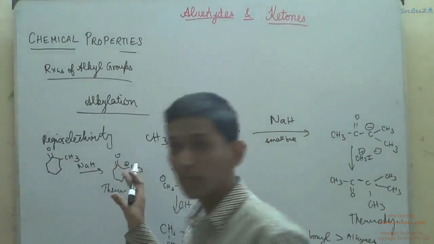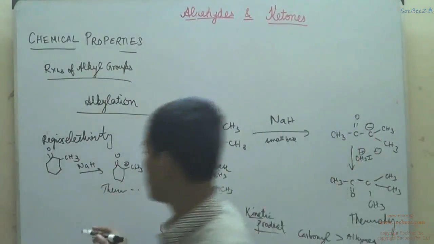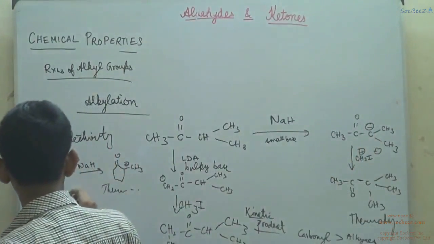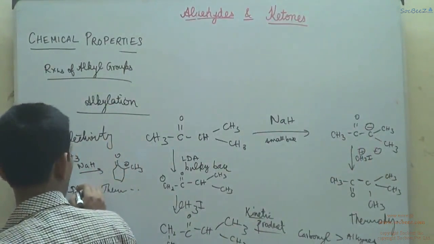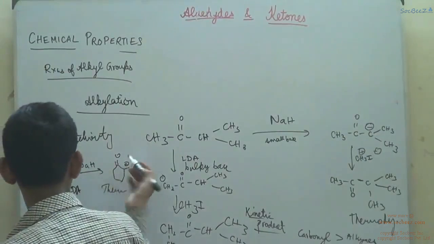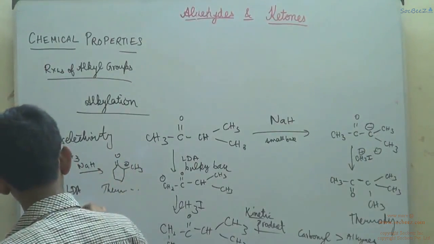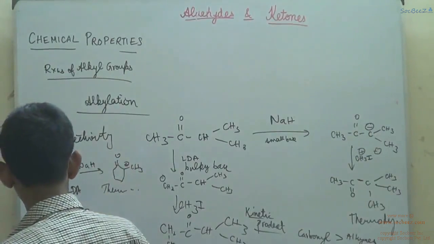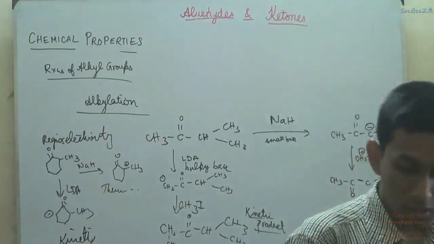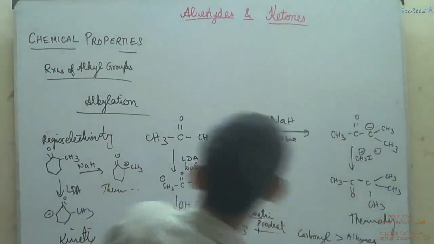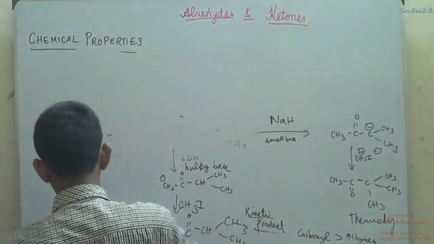But this is not a very stable carbanion, but the product formed is much more stable. So the fastest one that is formed is kinetic, whereas if you use LDA, it can't come here, there is resistance and all. So here it goes. So this is the kinetic product. It forms fastest from the most stable carbanion. Okay. So that was about reaction of alkyl groups.